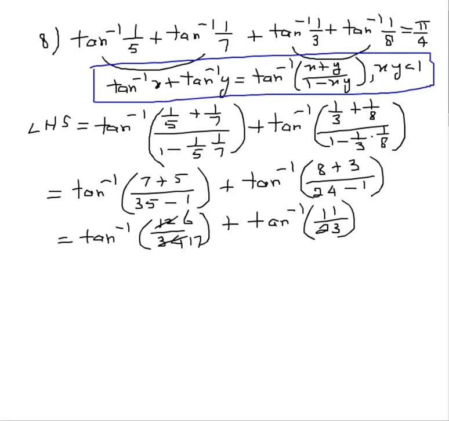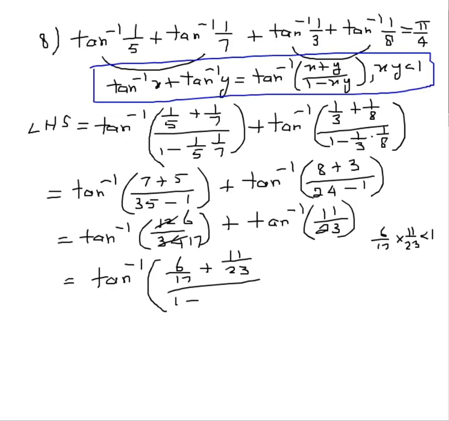Again use the same formula, tan inverse of x plus tan inverse of y formula. Again check the condition. Condition is satisfied here. 6 by 17 into 11 by 23 is less than 1. So tan inverse of x plus y by 1 minus x into y.